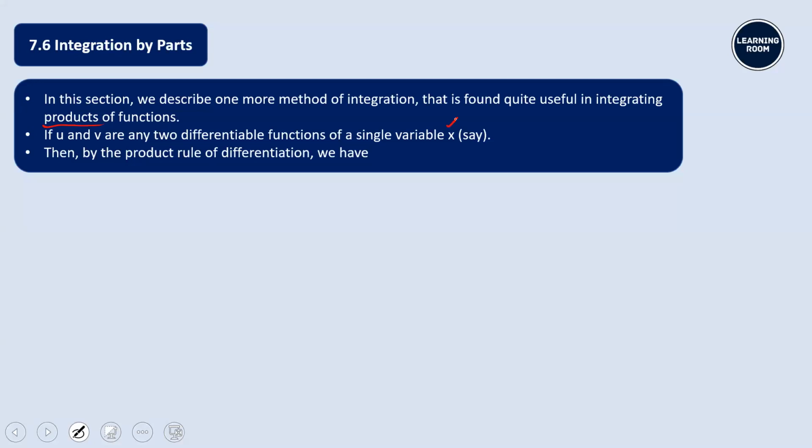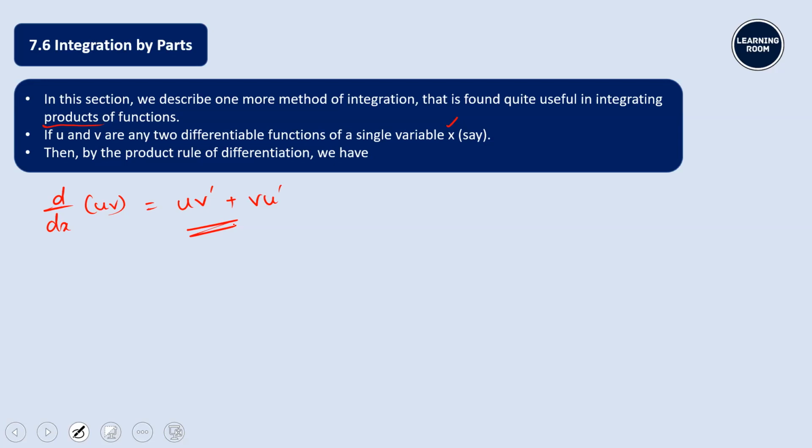Then by the product rule of differentiation, d by dx of u into v is u into v dash plus v into u dash. This is what the product rule of differentiation speaks of.